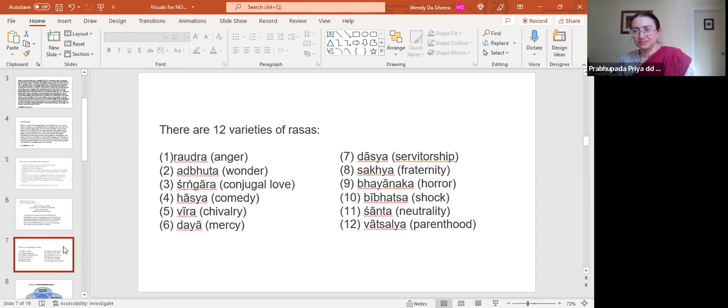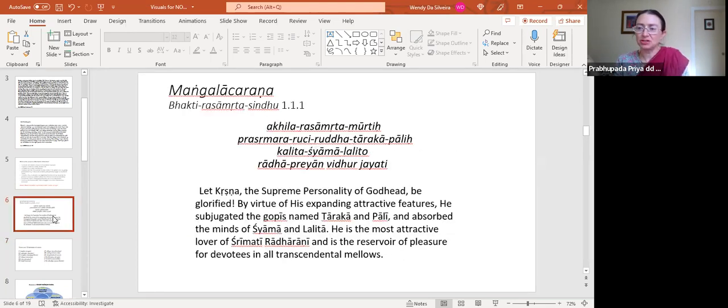Krishna is the form, and he reciprocates with devotees in all these rasas. And in the later sections, the scope of our course, the Bhakti Shastri section of the Nectar of Devotion, is just the first 19 chapters, which doesn't go deeply into these 12 rasas.